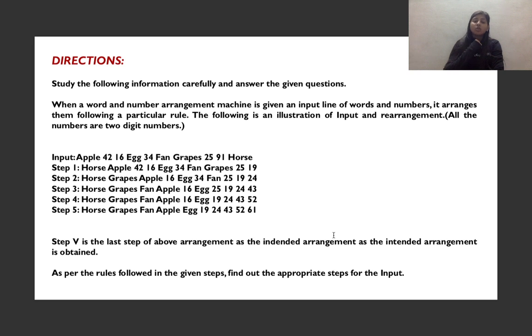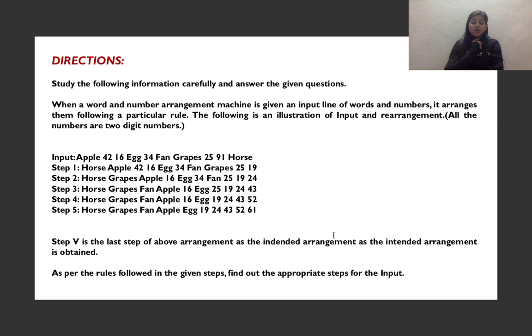The reason is apple and egg are words starting with vowels. So words starting with consonants are arranged in reverse alphabetic order first. After that, words starting with vowels are arranged in forward alphabetic order. After that, numbers are arranged in ascending order.